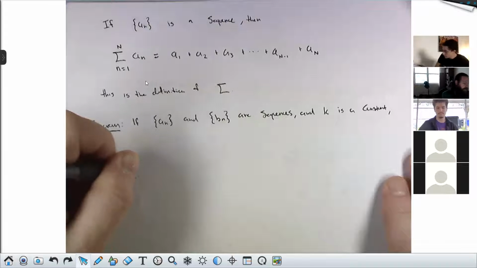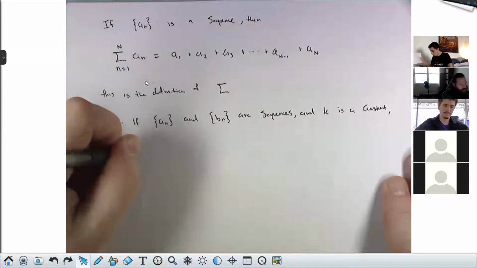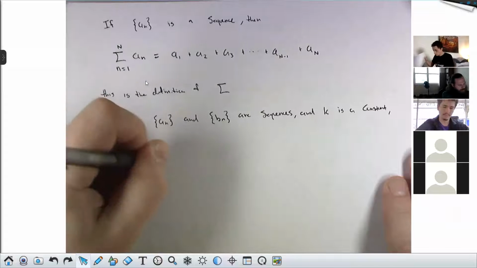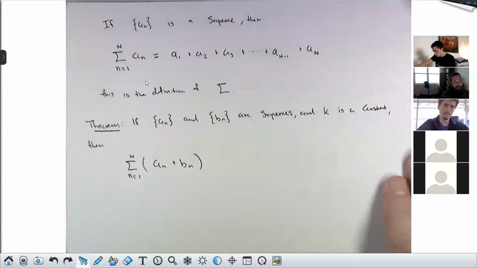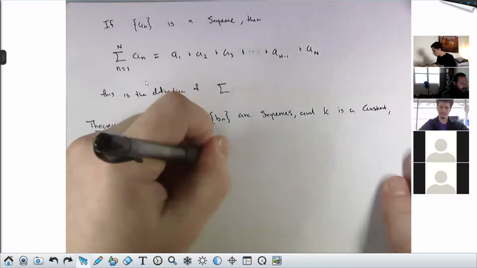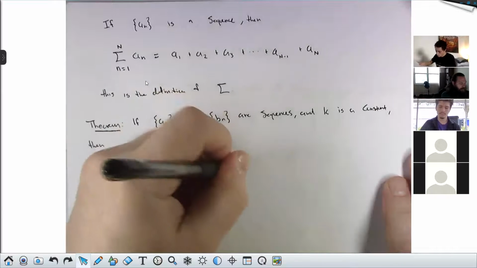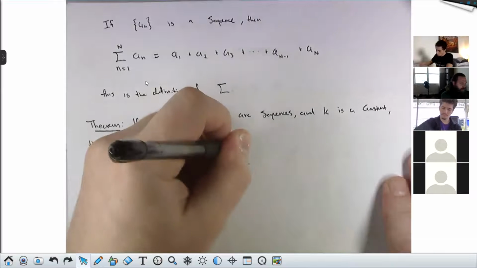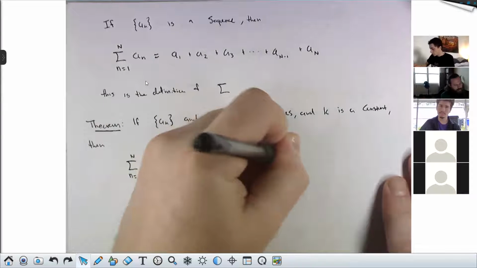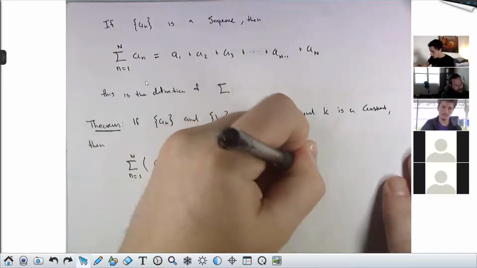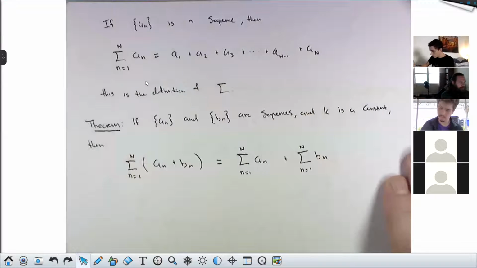Sigma from n equals wherever to wherever, I'll say from 1 to N, of a_n plus b_n, like this, is the same as sigma from n equals 1 or wherever to capital N of a_n, plus sigma n equals 1 to capital N of b_n.